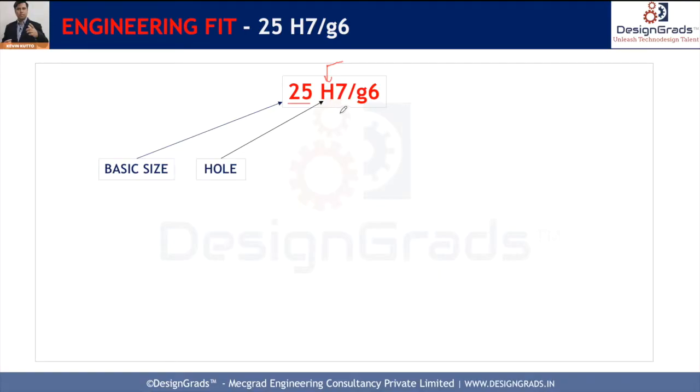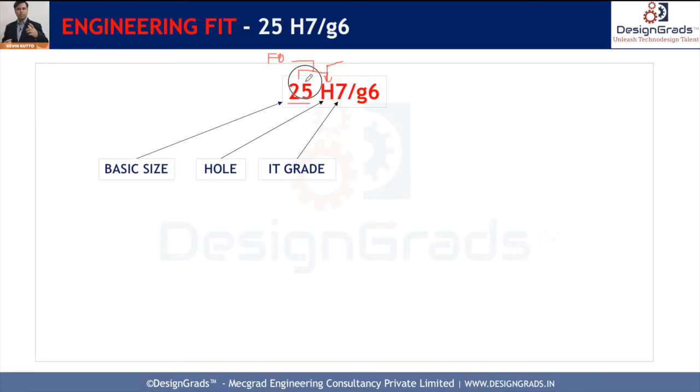So what is this 7 all about? 7 is an IT grade. Now what is the significance of this capital letter and what is the significance of this IT grade? The combination of basic size and this capital letter is going to provide us the fundamental deviation. Now fundamental deviation is a very important input which we require in order to finalize the tolerances.